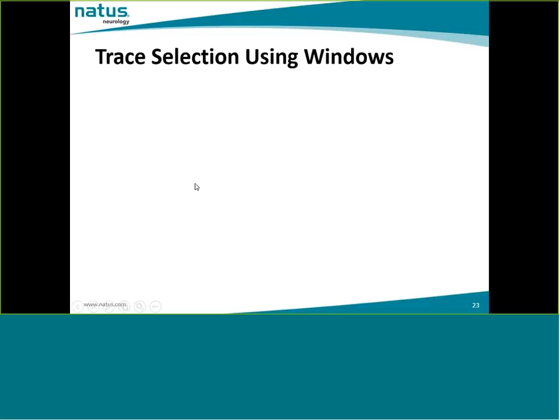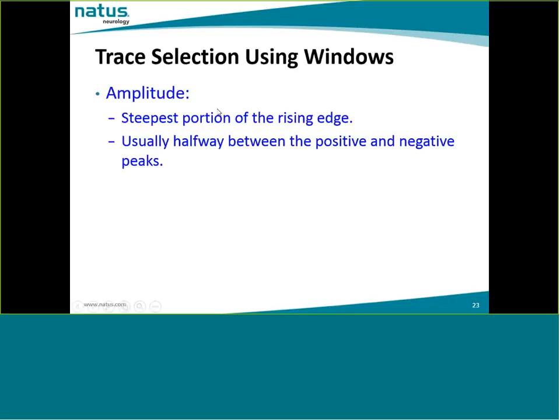So the first step in our graphical analysis is to select the traces using the start and stop windows. The amplitude position of the window should be on the steepest portion of the rising edge.